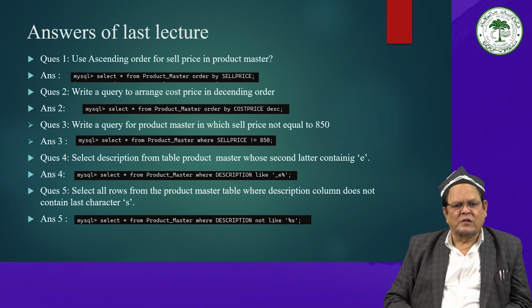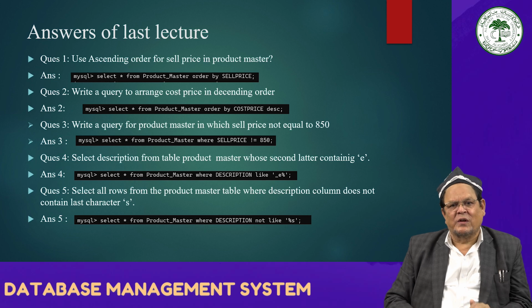The next question was to write a query to arrange the cost price in descending order. So you have to write select * from product master order by cost price DESC, D-E-S-C.